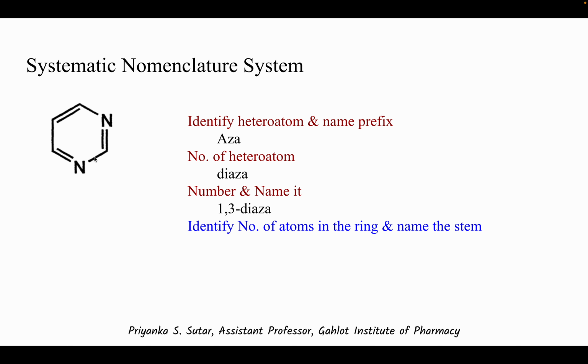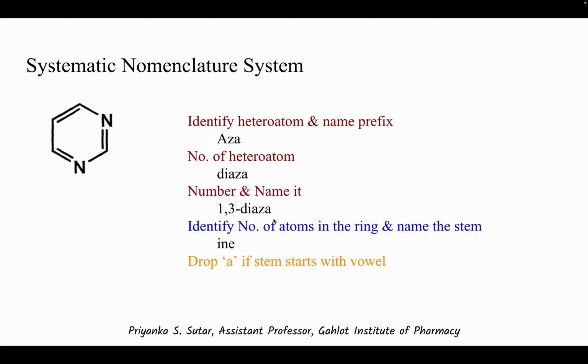So this is a 6-membered ring which contains double bonds, means it is unsaturated. So what is the stem of a 6-membered ring which is unsaturated? Refer table number 2. So the stem is INE. Now the rule: drop A if stem starts with vowel.